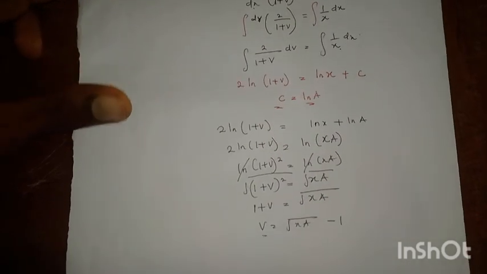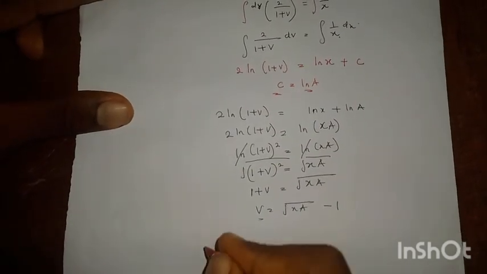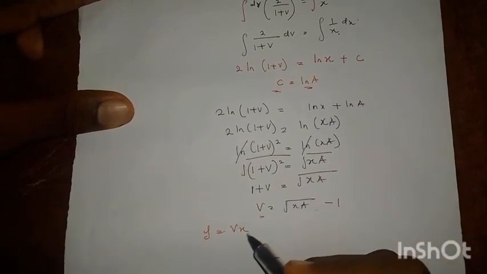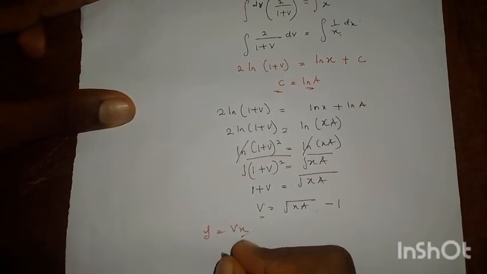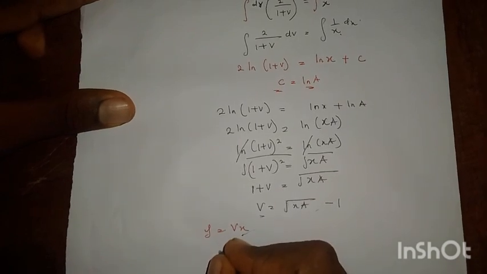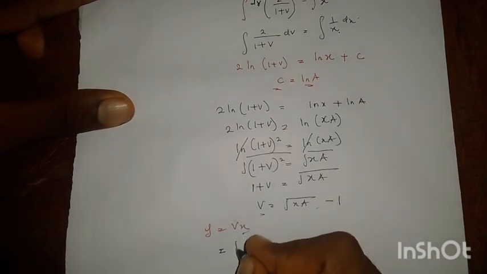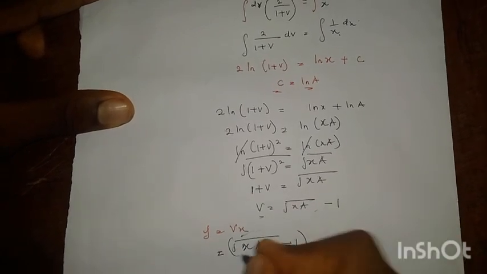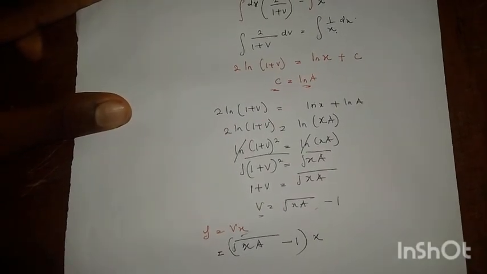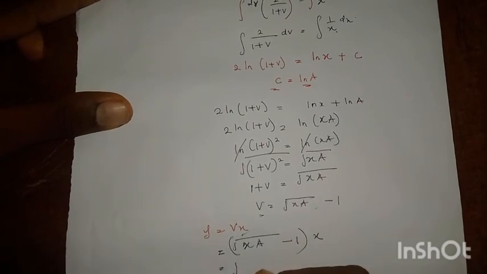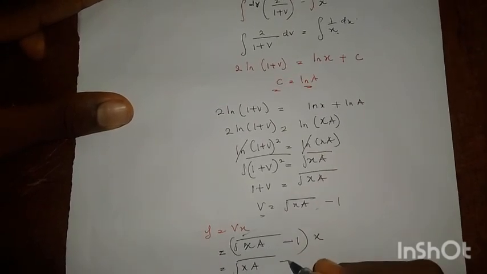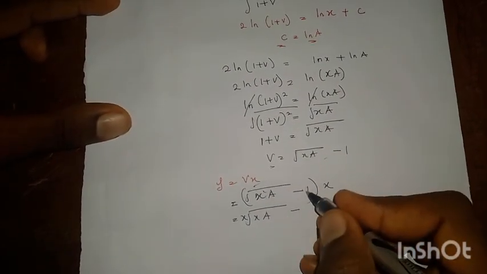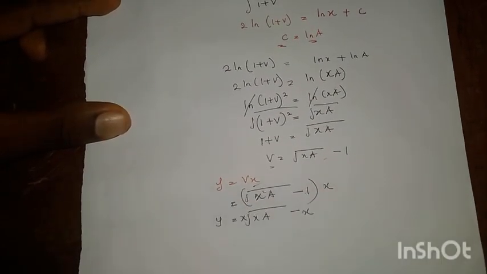Now remember, this is the equation I'm working with, y equals vx, right? So bringing this equation here, I have (root xa minus 1) times x. So this is x root xa minus x, right? x will multiply this, times 1 is x.